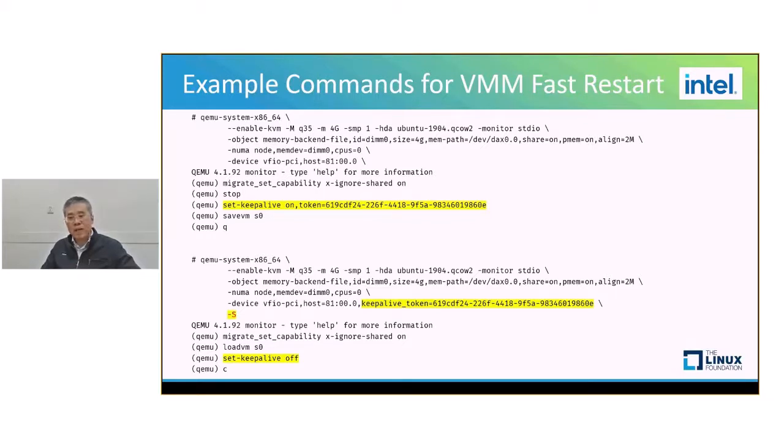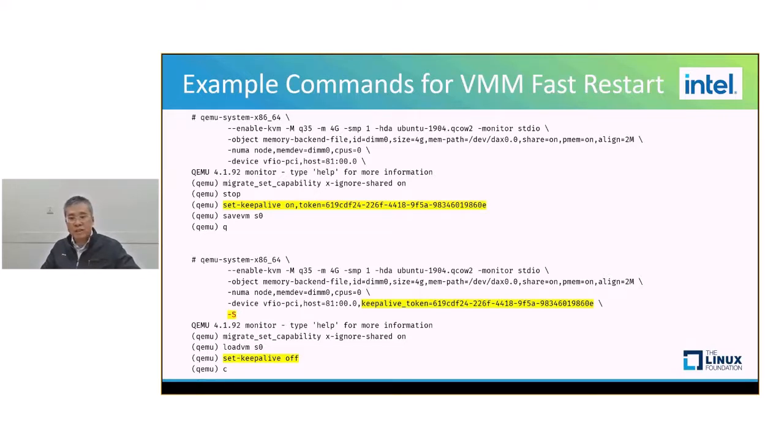The Qemu command migrate set capability X ignore shared makes the save VM command ignore the guest memory region that has turned on share property. So we don't need to copy the guest memory into the snapshot.